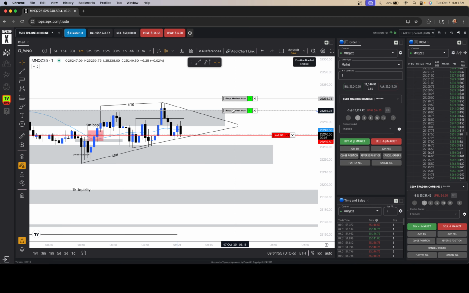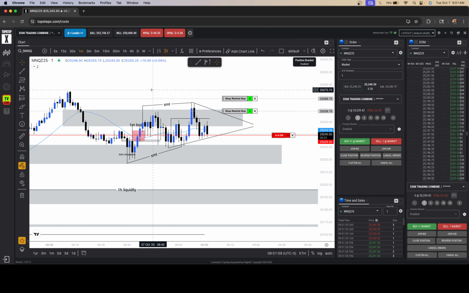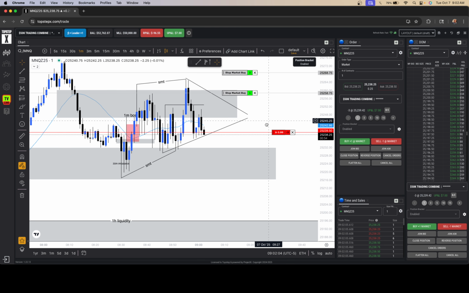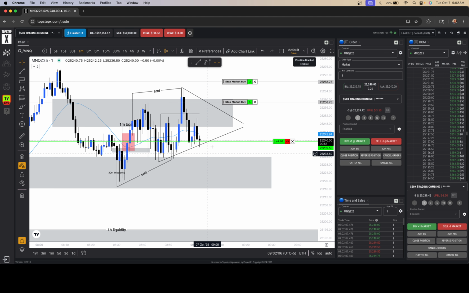I'm going to put this stop loss actually a little bit higher right there. So we want to see this trend line break. We're still in a very consolidated market, but if we can get a close below here, then that should put us up for the day.